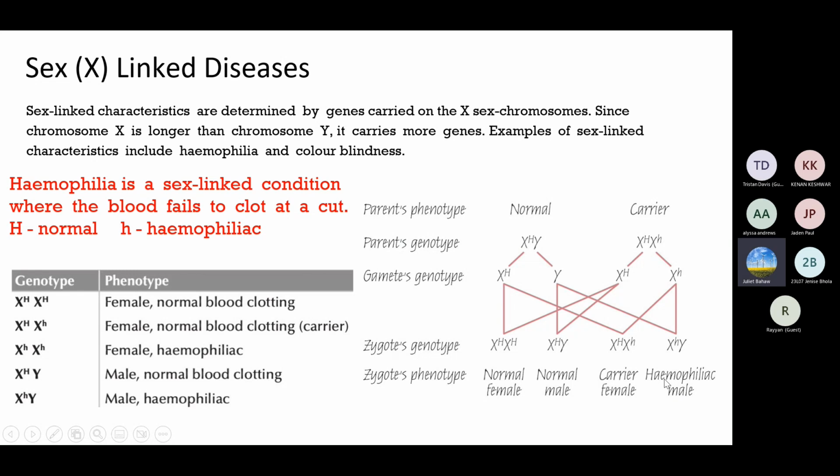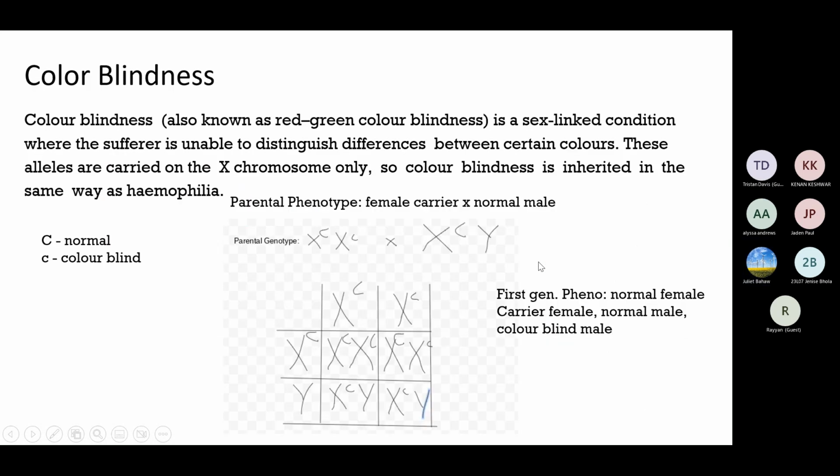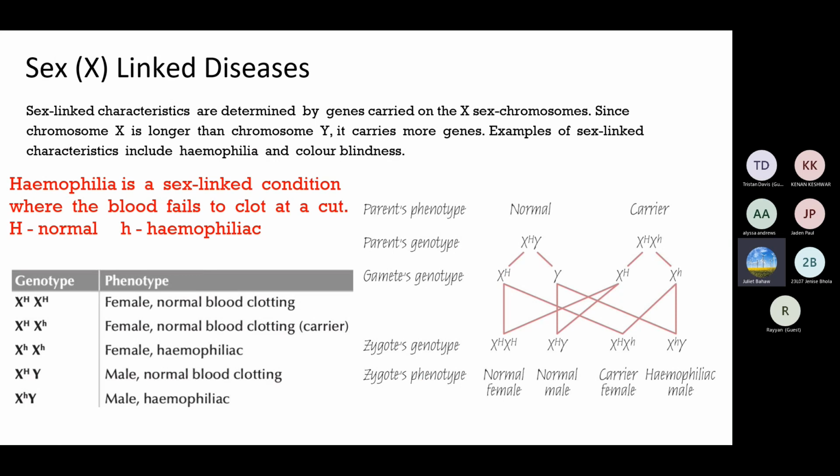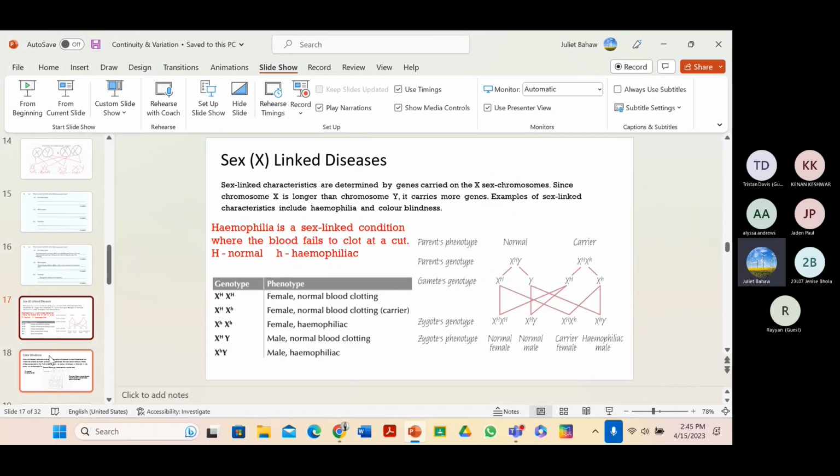All right, so there's a 25% chance the child can be a hemophiliac, whereas there's a 50% chance the child can be normal. And there's also a 25% chance the child can be a carrier. All right, so I want you all to go through and look at this example. There's one more.